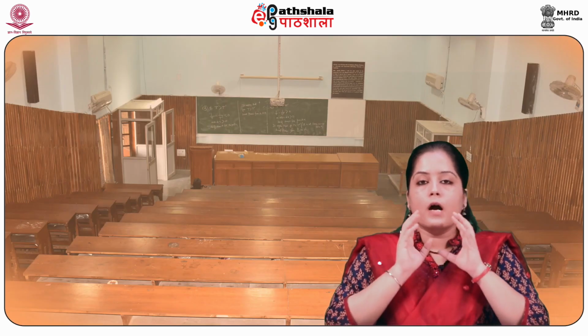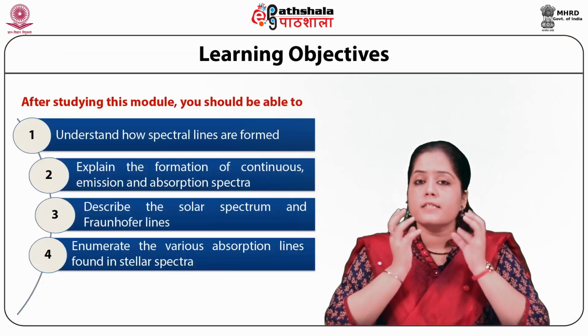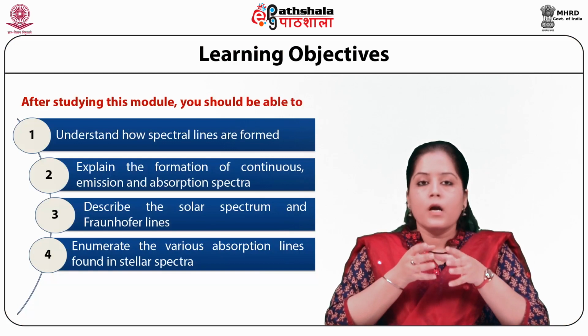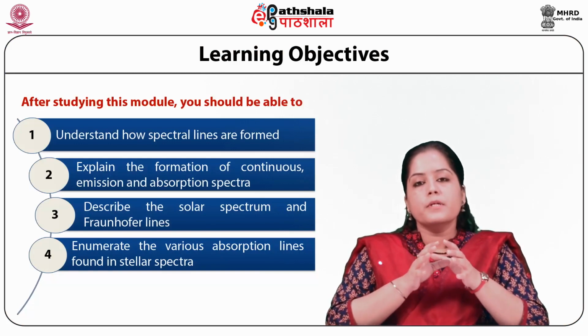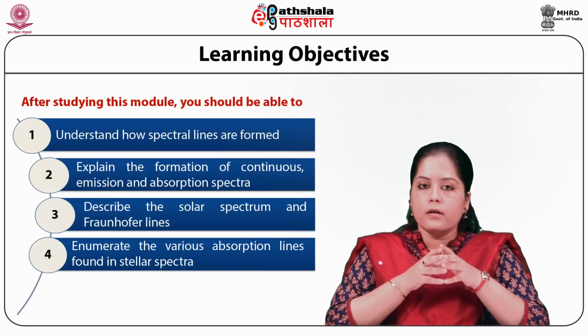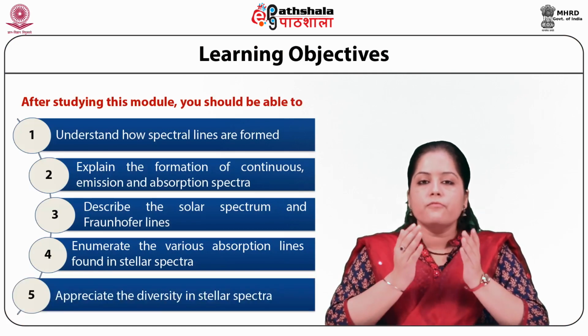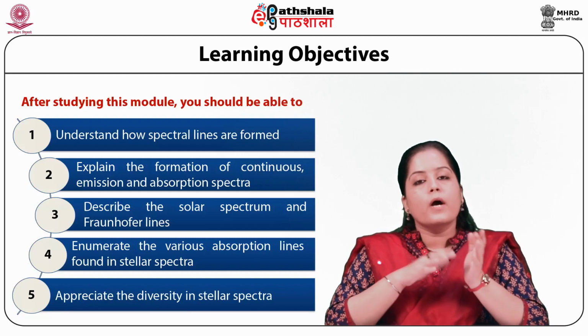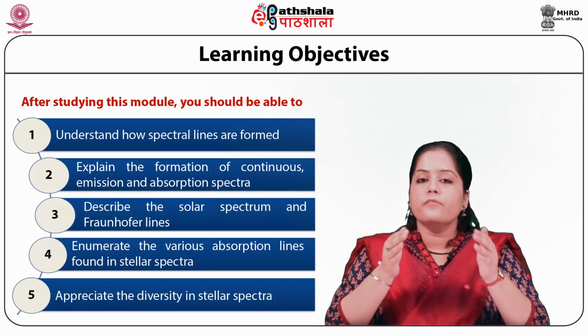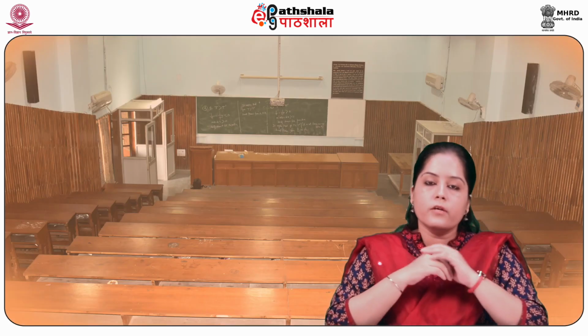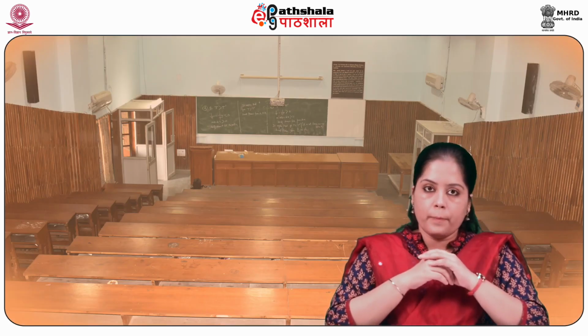Second, understand that the stellar spectra are absorption spectra. Very simple stellar spectra contain very few lines, while the complex ones contain thousands of lines and molecular bands.